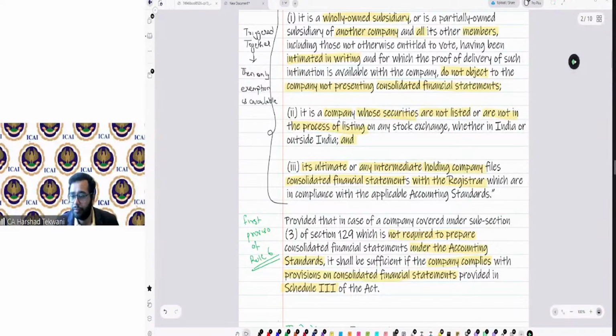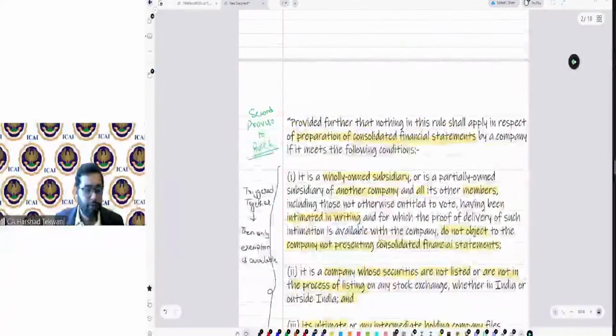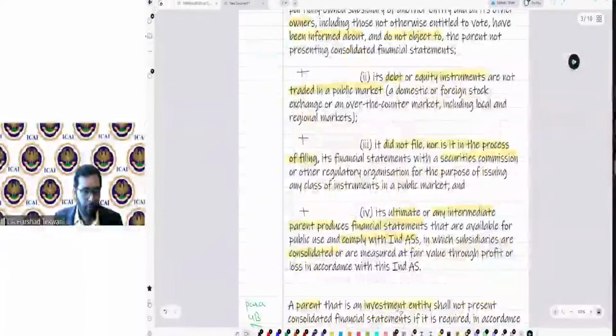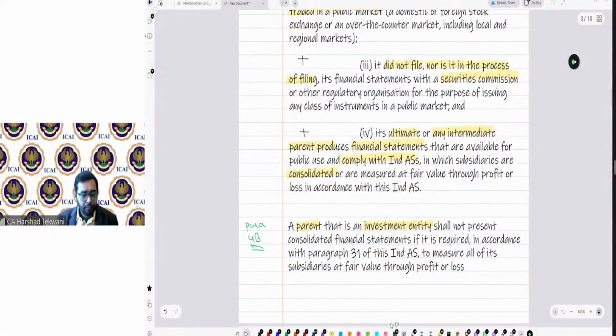Any doubt? Any doubt, guys? Till now? Tanisha, is your earlier doubt cleared?